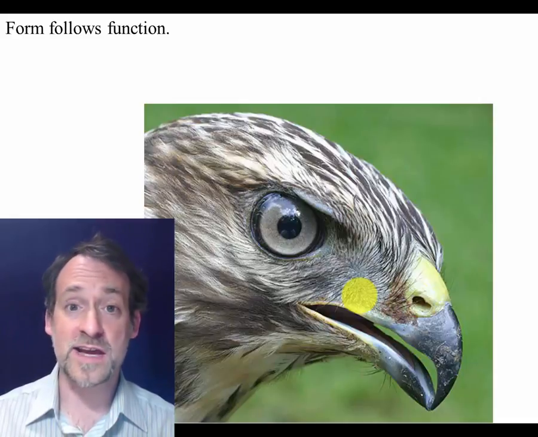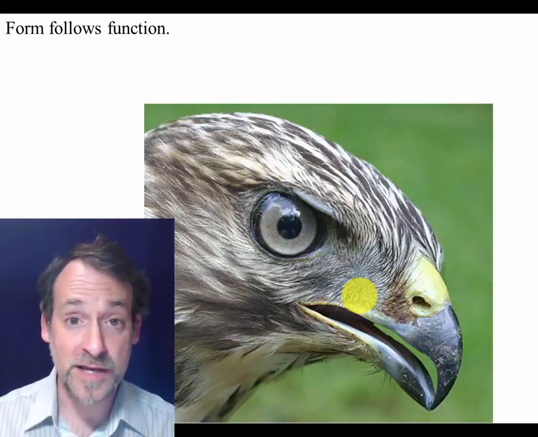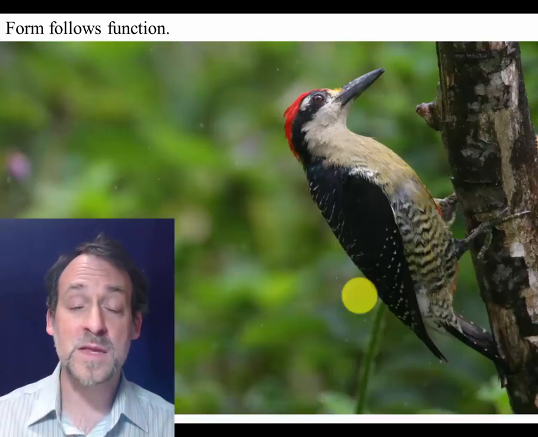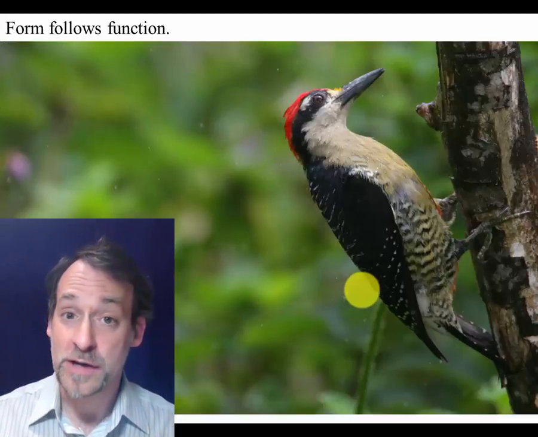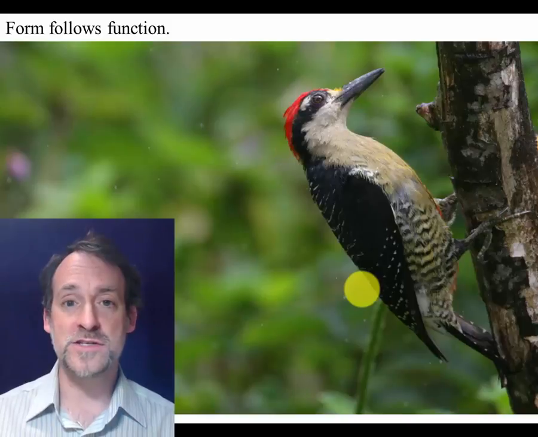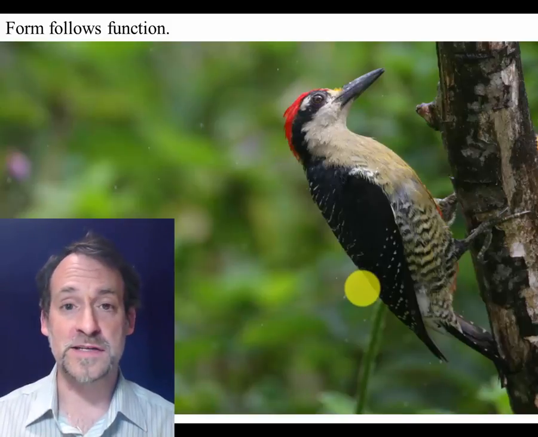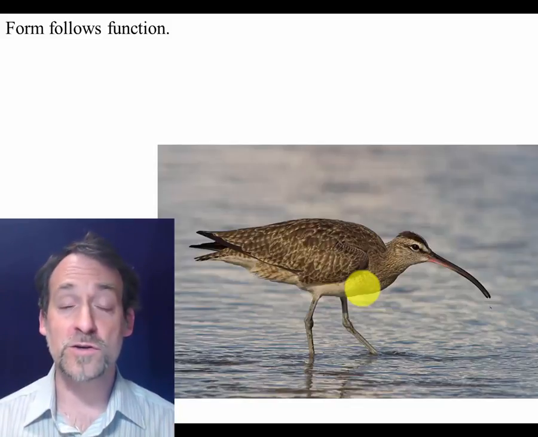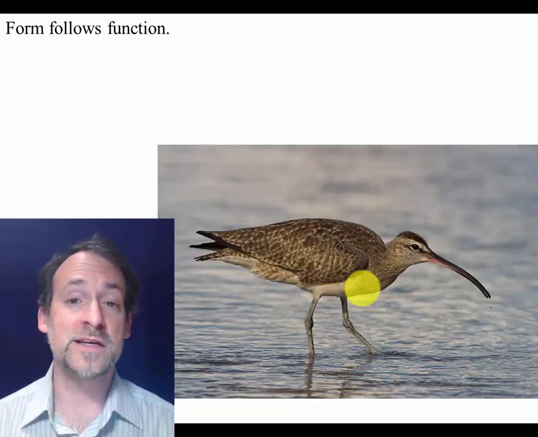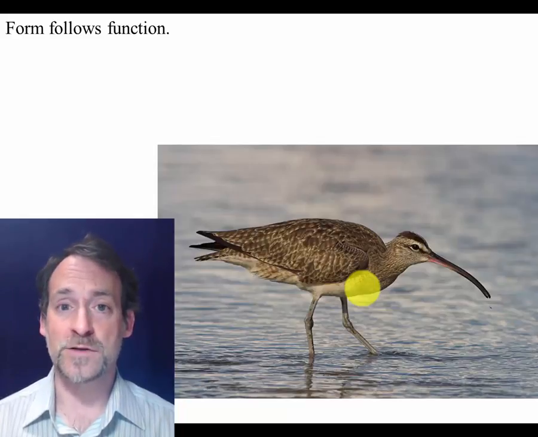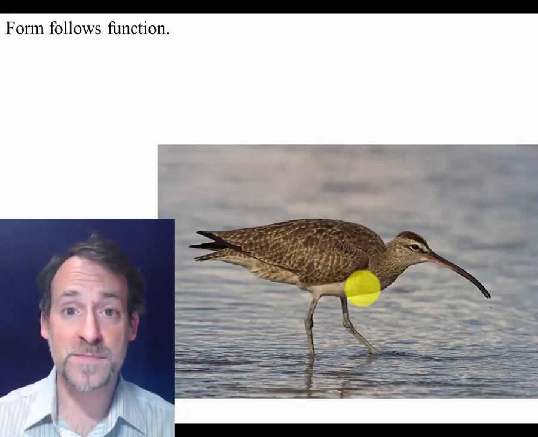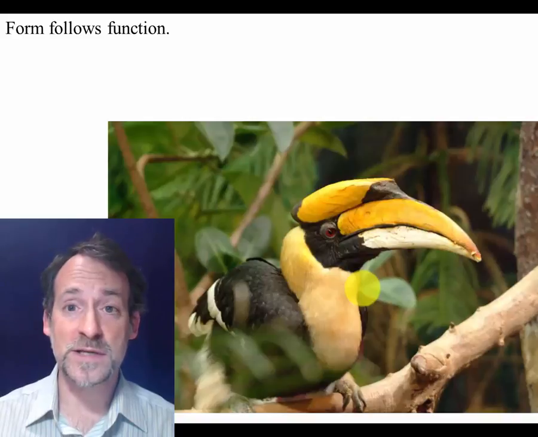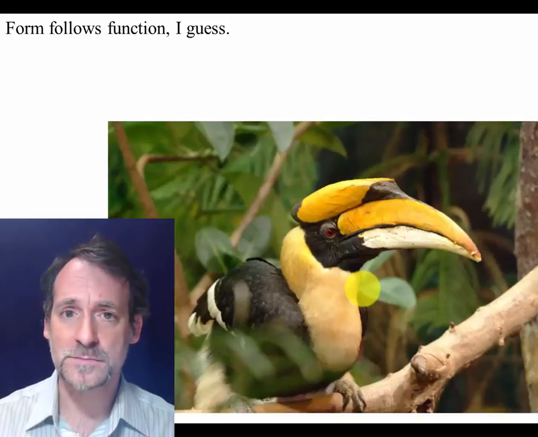The beak of a hawk is excellent for tearing apart flesh, which is what it feeds on. Woodpeckers have a very long straight beak for pounding into the wood of trees to find insects that are living within them. Here's a bird with a long curved beak that's very good at probing into the mud after things like bivalves or snails. And of course, this beak, I'm not sure what this beak does, but it's probably something functional.